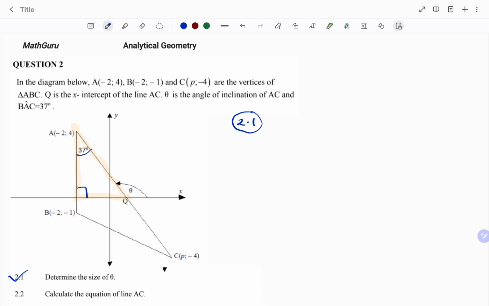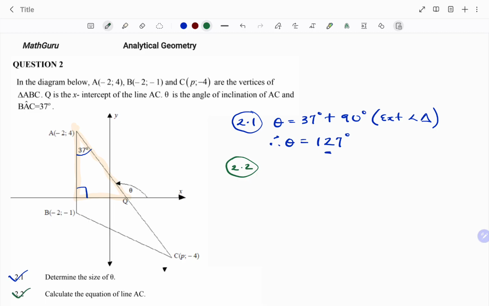So therefore, to find theta, theta will be equal to 37 degrees plus 90 degrees, and the reason being external angle of a triangle. Therefore, the value of theta equals 127 degrees.